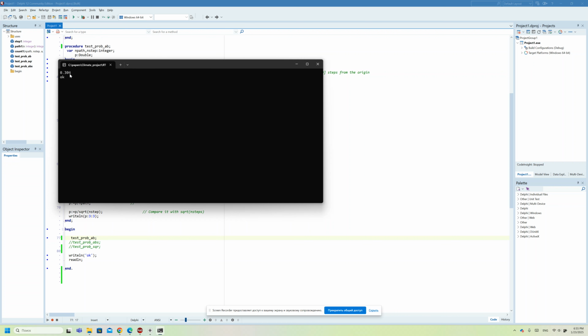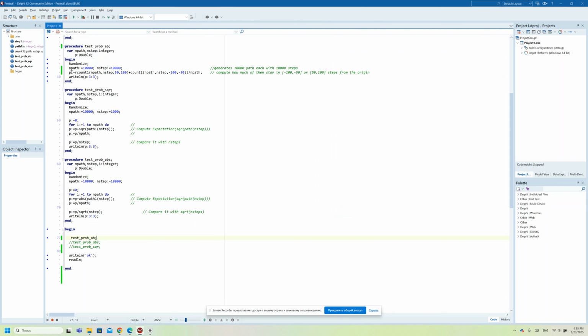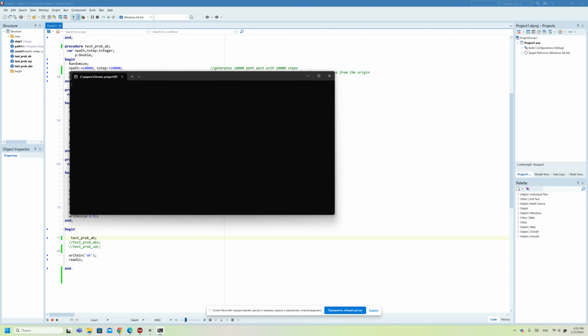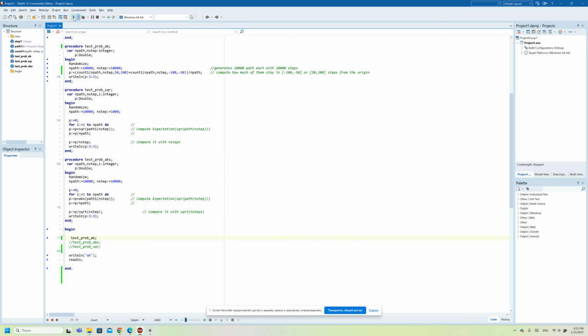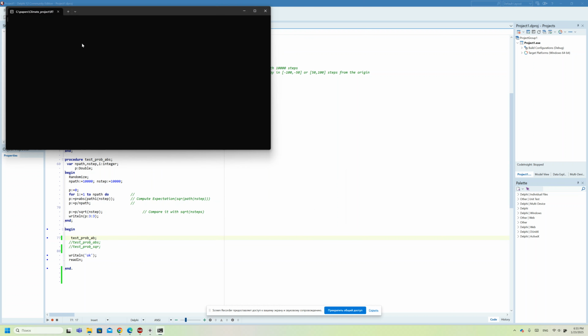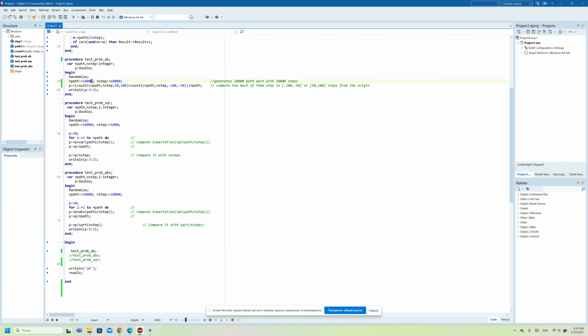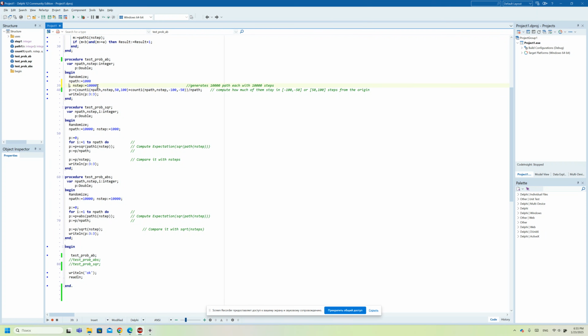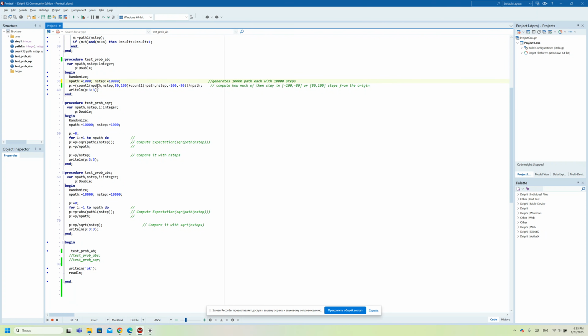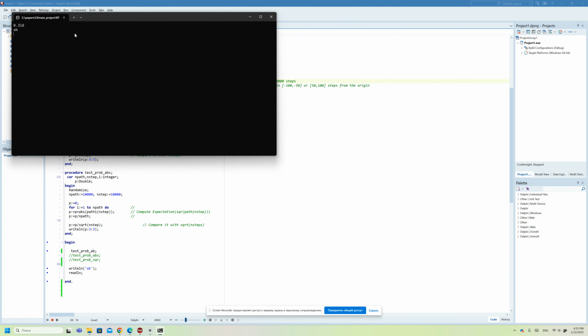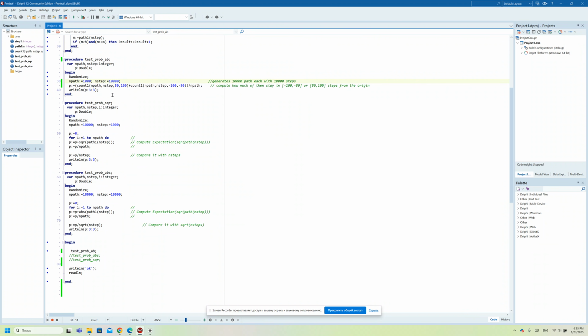Yeah, 0.3. Okay, let us run again. Also close to 0.3. Again, 0.3. Let us make, for example, only 1,000 paths and again 10,000 steps. What happens in this case? 0.3. So our theoretical result is confirmed by our test.